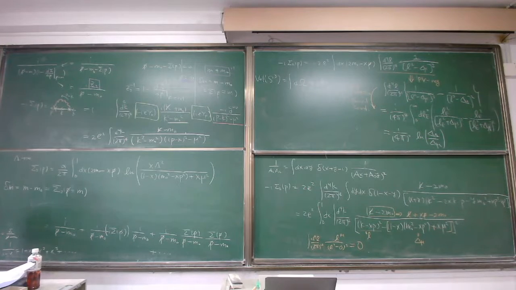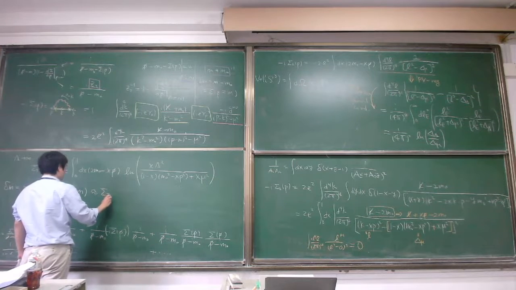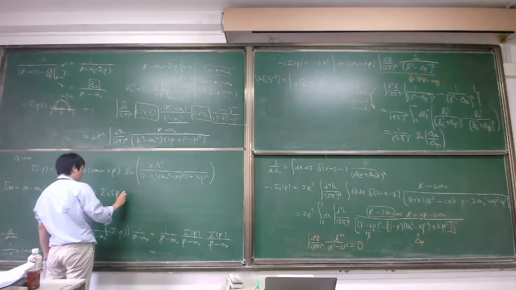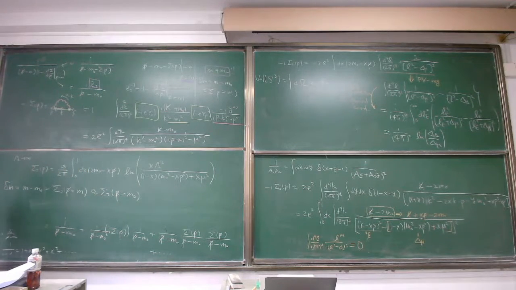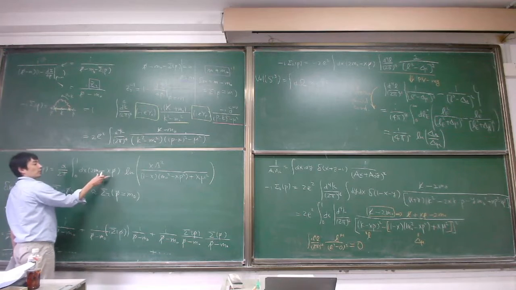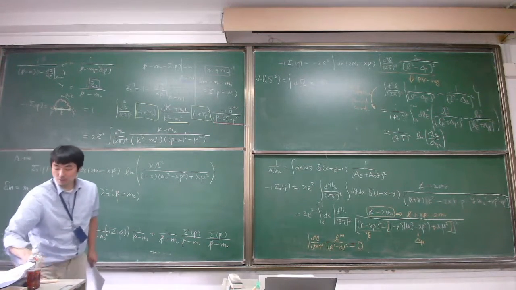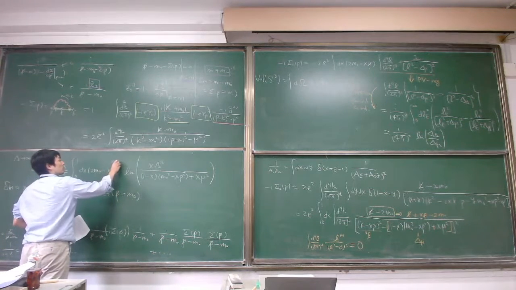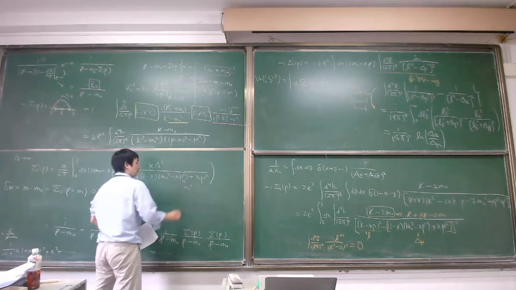So in first order we just set p-slash equal to m0. Therefore, if you put the m0 here, this is equal to m0 squared.